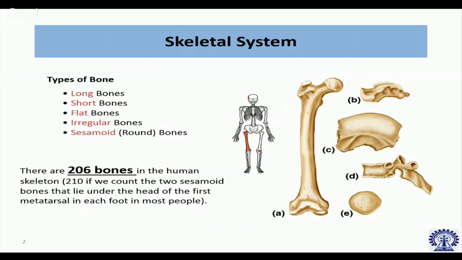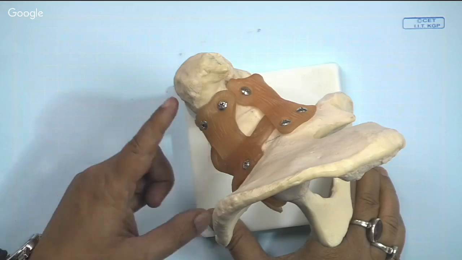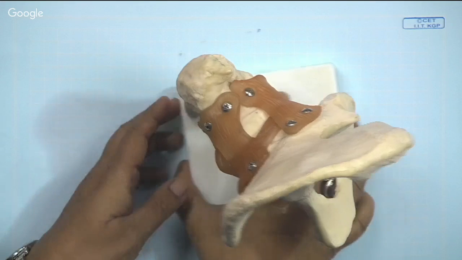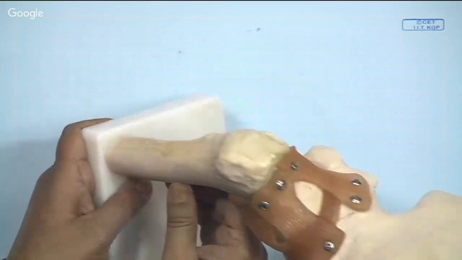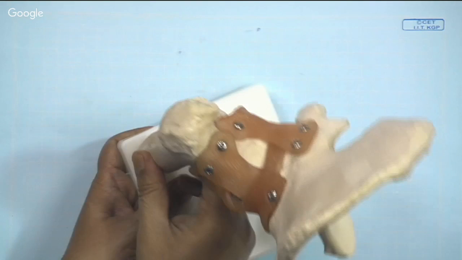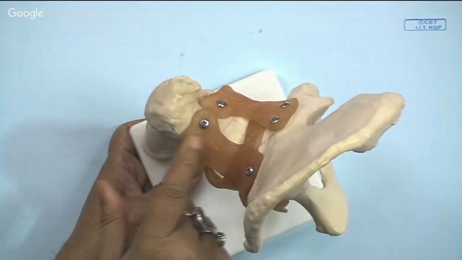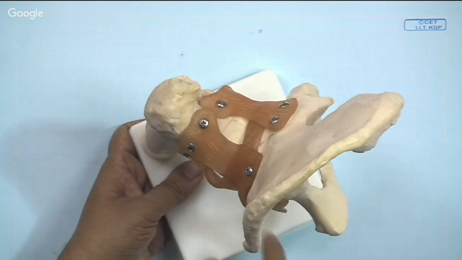We have long bones like the femur, and you can see here in the hip joint that this is the upper part of the femur, because it forms the hip joint with the pelvic bone.